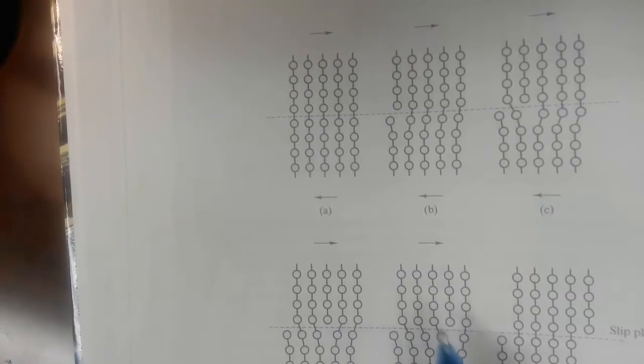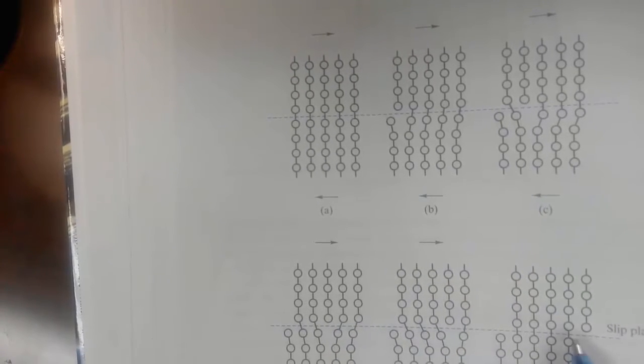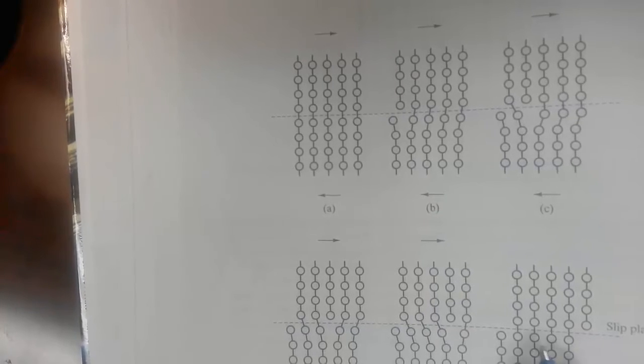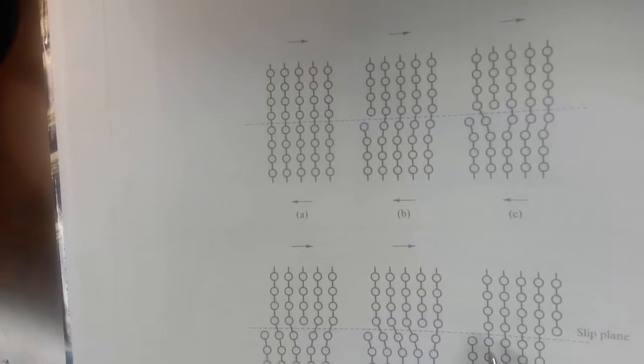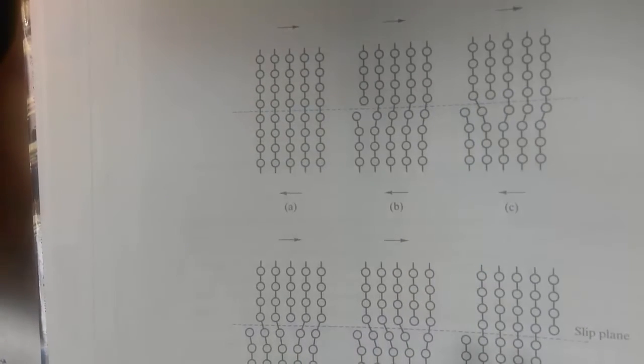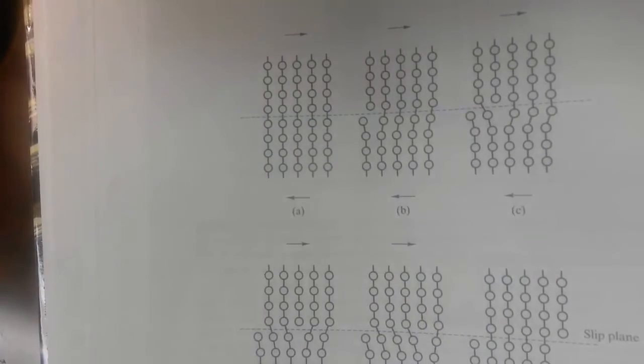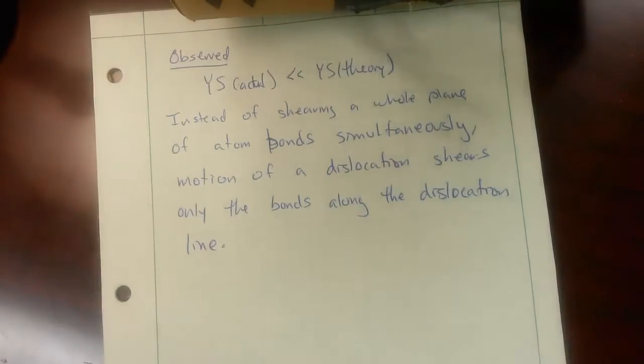This process keeps walking itself through until we have stepped a one atom distance off of the other surface of the crystal, or of the grain if it's on the grain boundary scale. So that's how dislocations will move through the material under a shear stress.